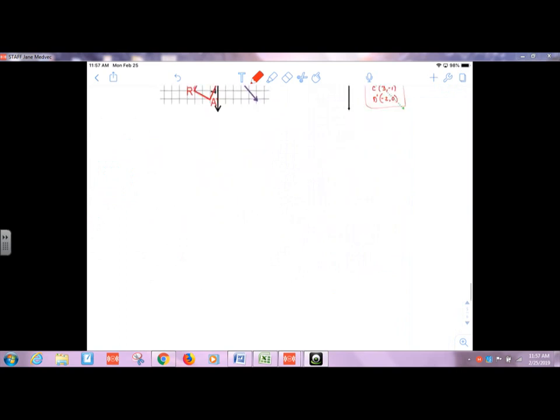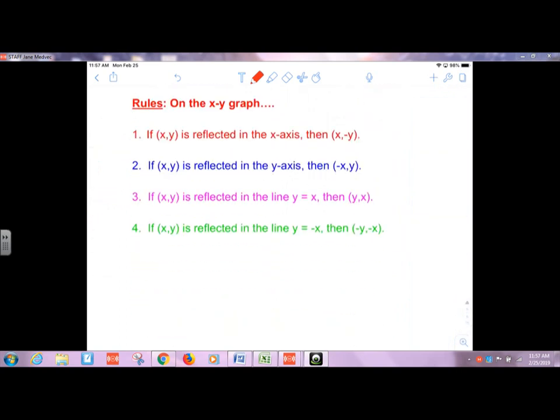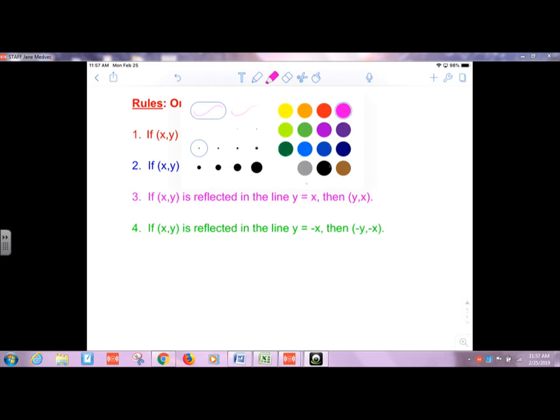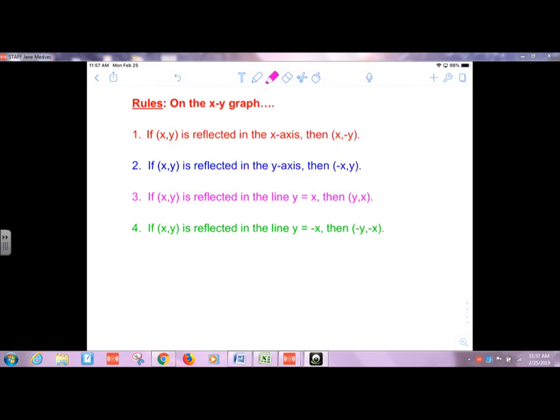All right, that takes us through the obliques. These are some rules, and we went through number 1 and number 2 with the X and Y axes. Again, you don't really need to memorize these. I don't think you need to because you can do it without. But these first two we did. If it's reflected over Y equals X, all you do is take the X and the Y and flip-flop them, and that gives you your new ordered pair.